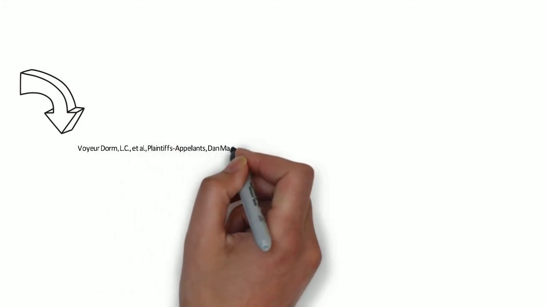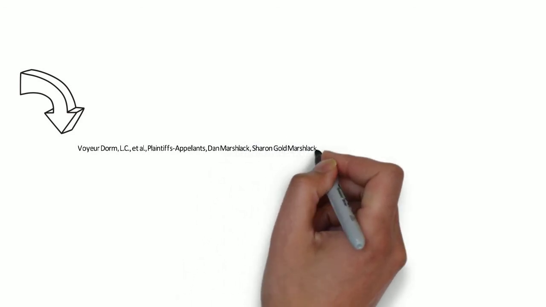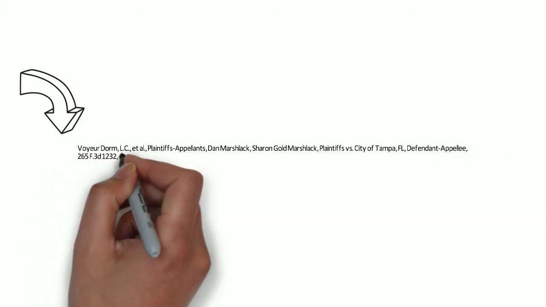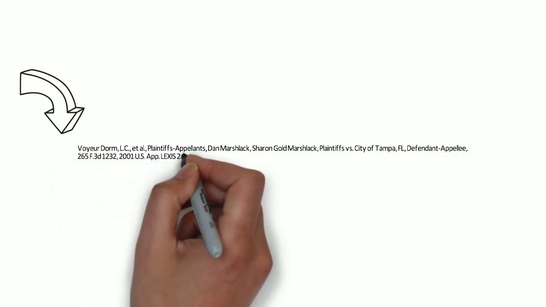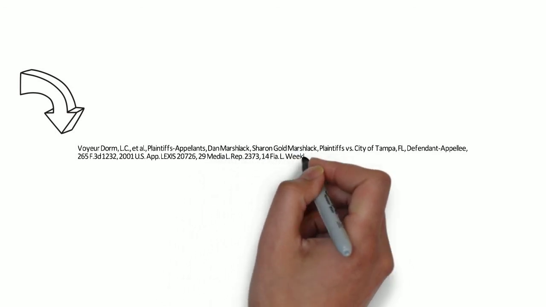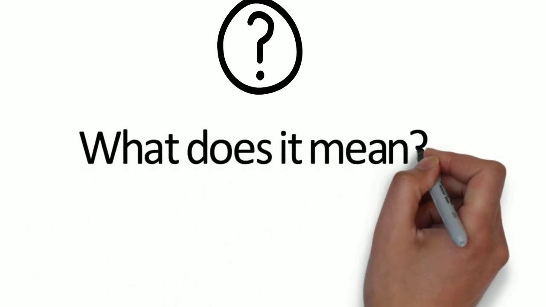The full citation is Voyerdorm L.C. et al., plaintiffs' appellants, Dan Marschlack, Sharon Gold Marschlack, plaintiffs, versus City of Tampa, Florida, defendant appellee, 265 F.3rd 1232, 2001 U.S. App Lexus 20726, 29 Media L. Rep. 2373, 14 Flaw L. Weekly Fed C. 1271, 11th Cir. 2001. That's a lot to absorb.